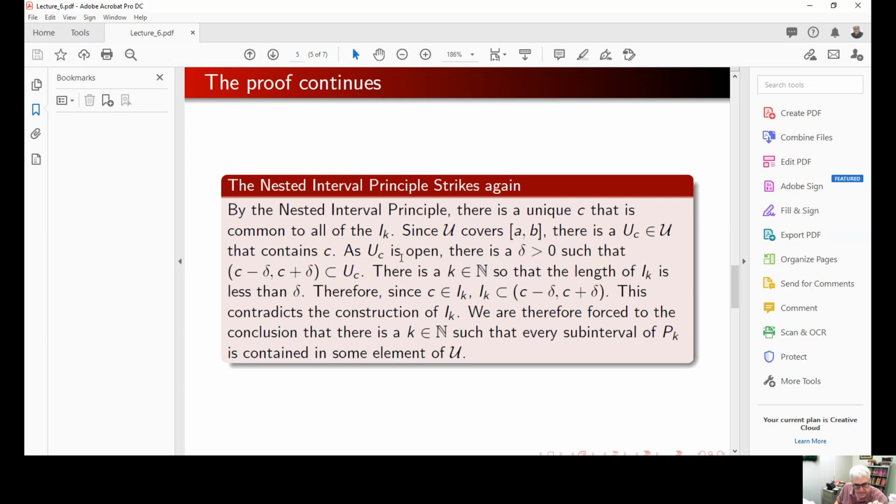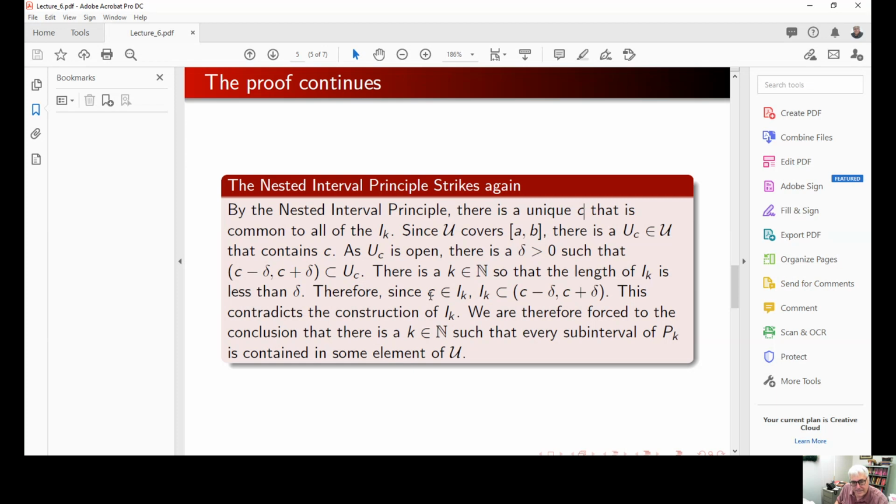Since this U_C is open, there's a delta so that the open interval C minus delta to C plus delta is contained in my U_C. So there has to be some particular K so that the length of I sub k is less than delta.